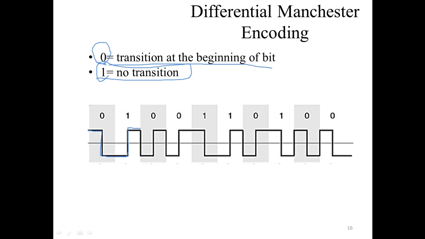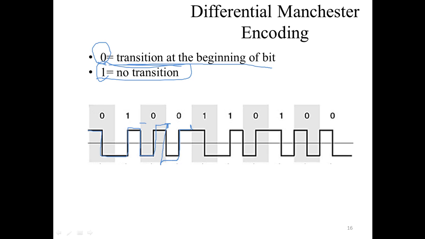And when again there is 0, instead of going straight, you have to make a transition. You are on high, go to low, and then come to high. Then again 0 comes, you are at high, you go to low and come back to high.